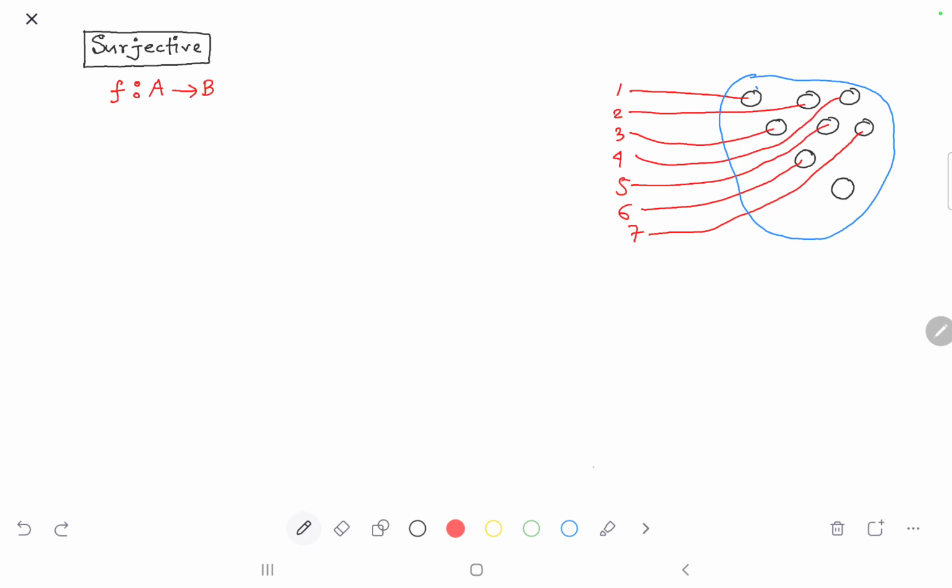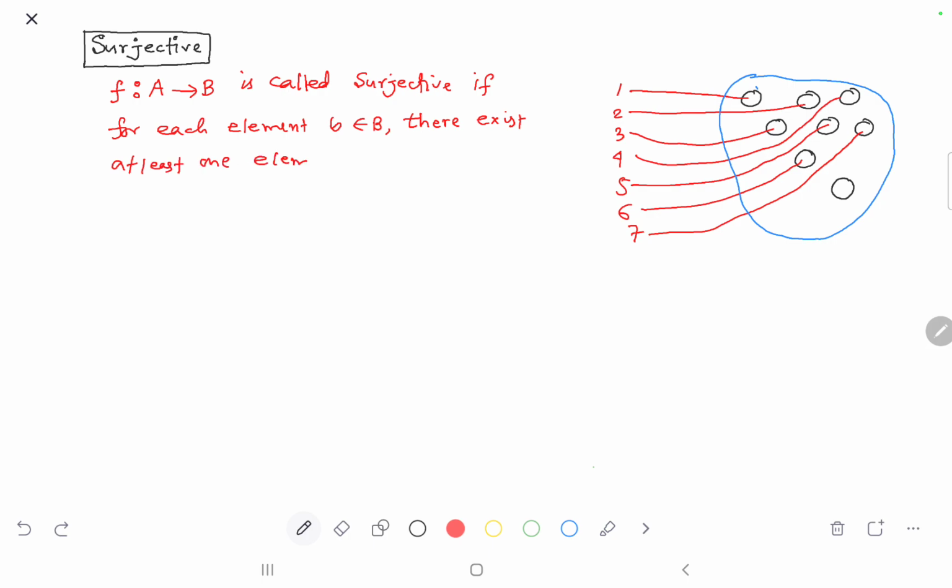A map f from A to B is called surjective, sometimes people call it onto also, if for each element b belonging to B, there exists at least one element a in A such that f(a) equals b. Is it okay?